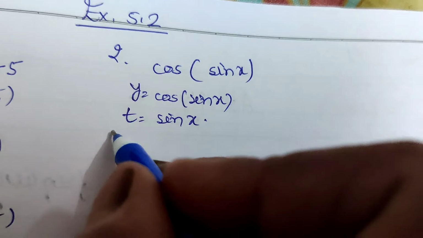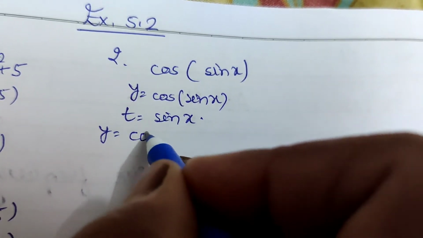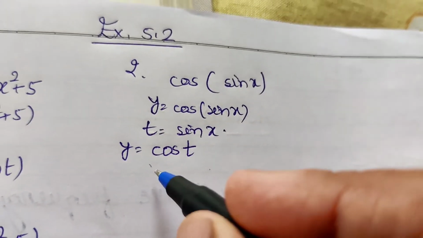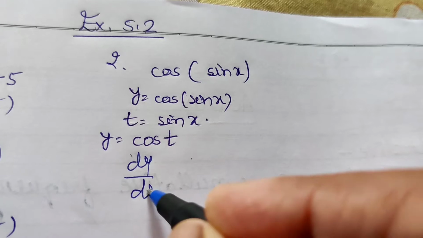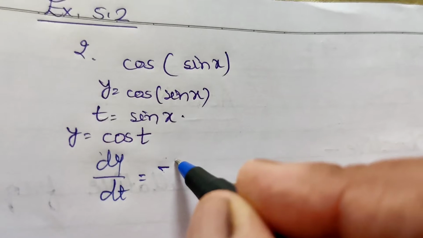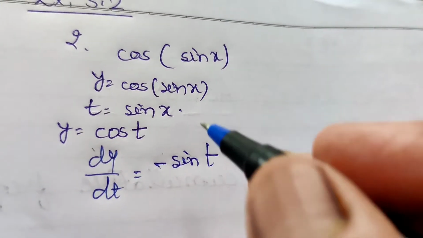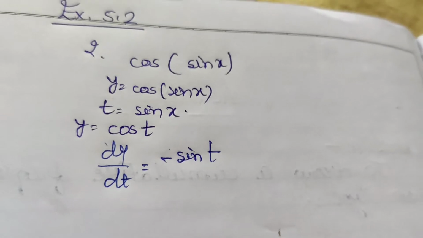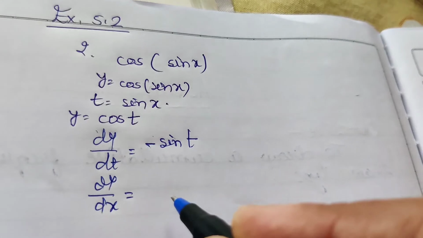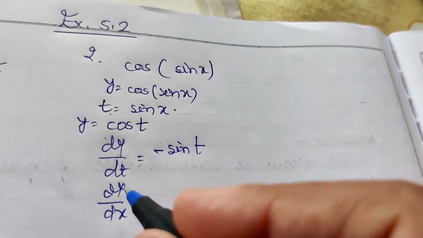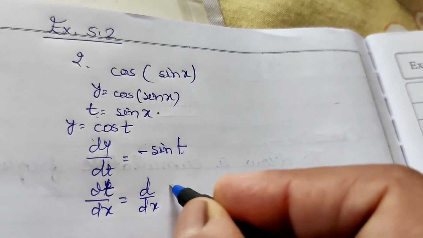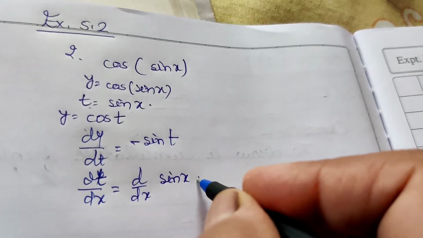The function y equal to cos t means dy over dt equal to minus sin t, and dt over dx, d over dx of sin x, is equal to cos x.